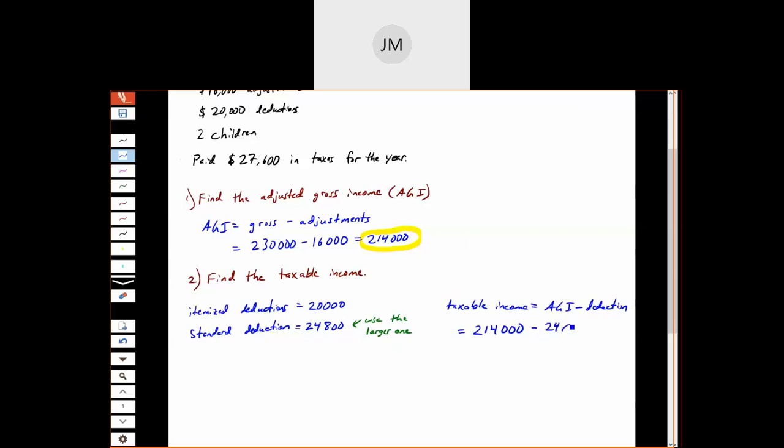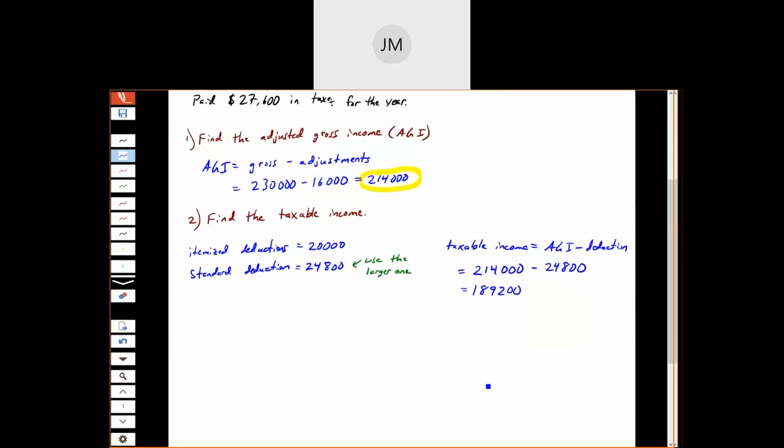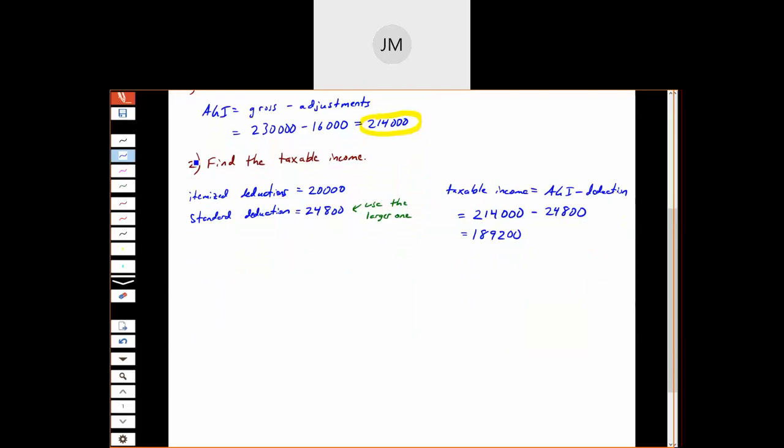So that's $24,800. I'm not going to pull my calculator up onto the screen, because if I'm just doing subtractions, we're good with that. Nothing fancy here. Okay, so the next step is the complicated one.